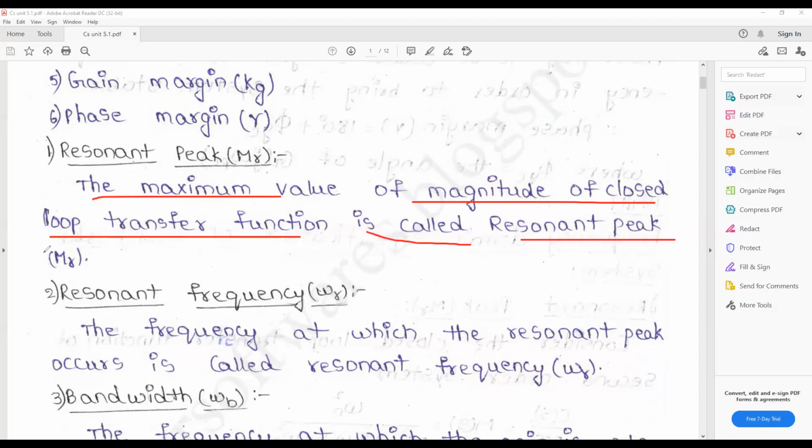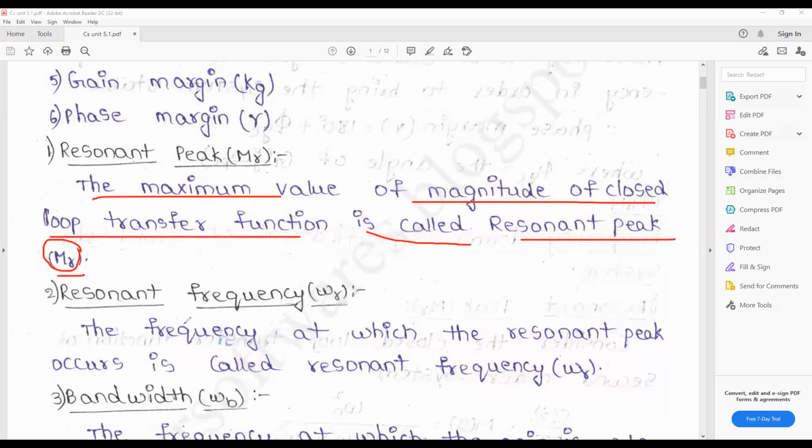When I was discussing the time domain specifications, the peak time is the maximum peak value in the closed loop response. The resonant peak is denoted M suffix R. The maximum value of magnitude of closed loop transfer function is called resonant peak.